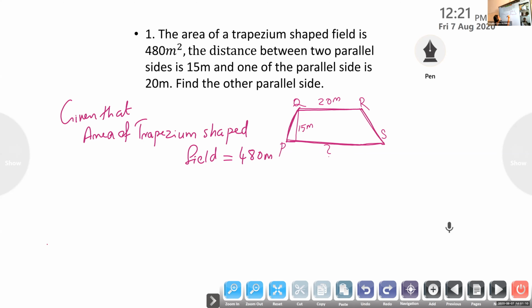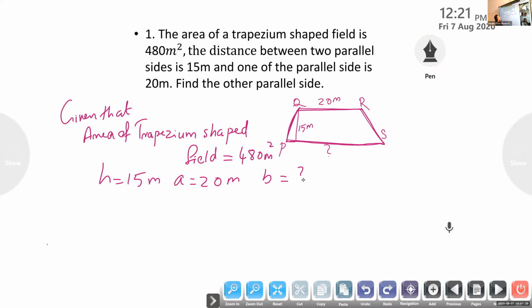What else is given? The distance between the parallel sides, that is our h. H equal to 15 meter. And one of the parallel sides is given.